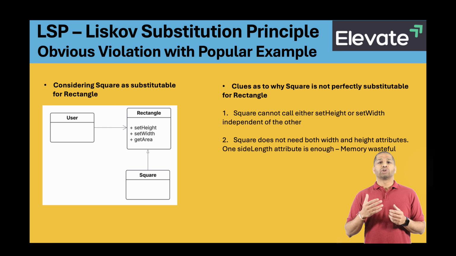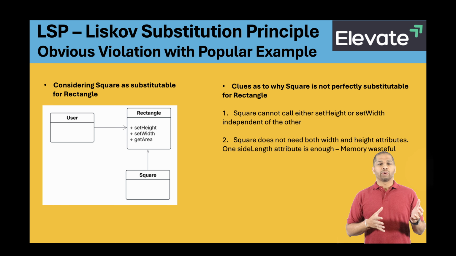If we try to see the clues why a square is not perfectly substitutable for a rectangle, we can see that a square cannot call either set height or set width independent of the other, even though the rectangle can call these independently. So there it breaks that substitutability.